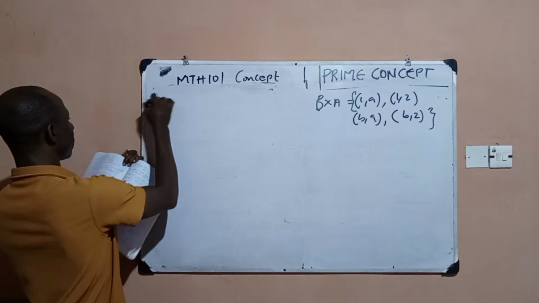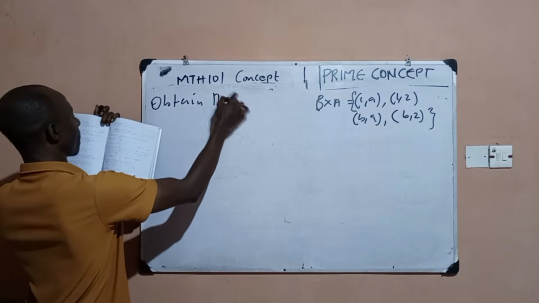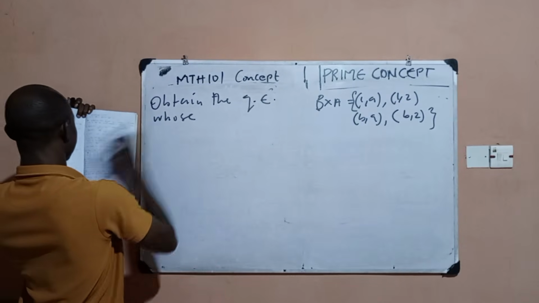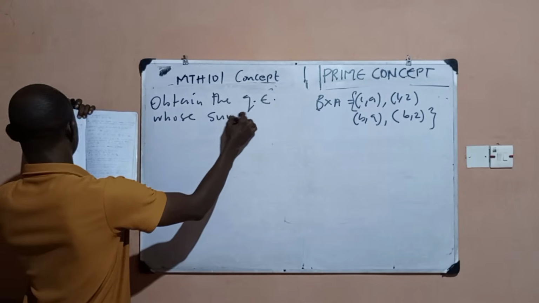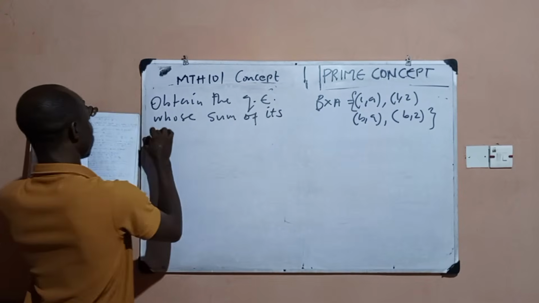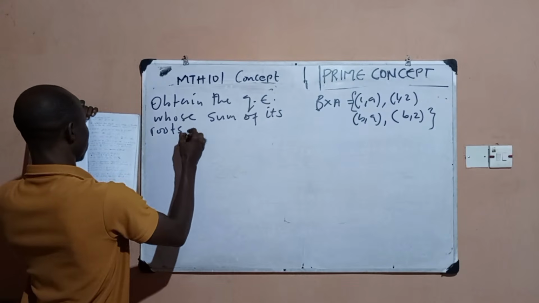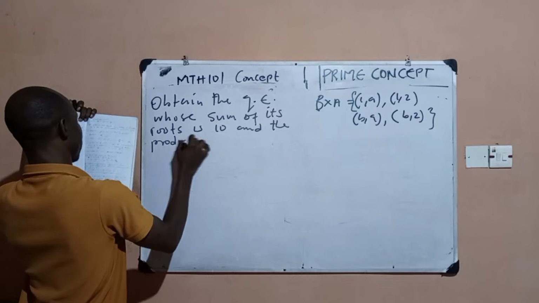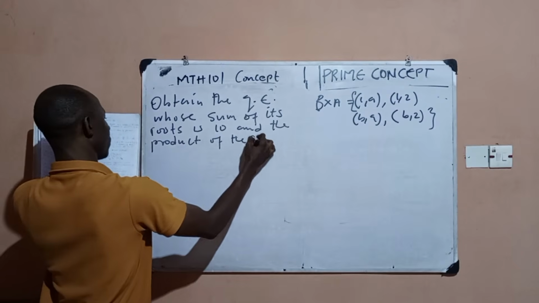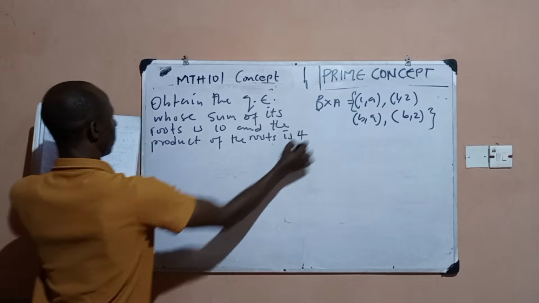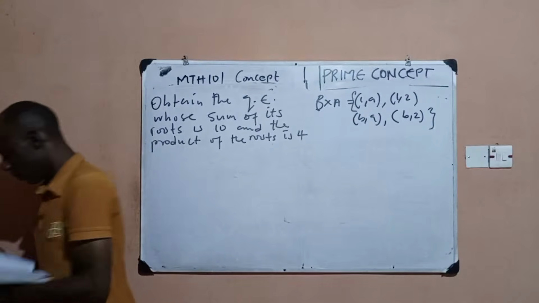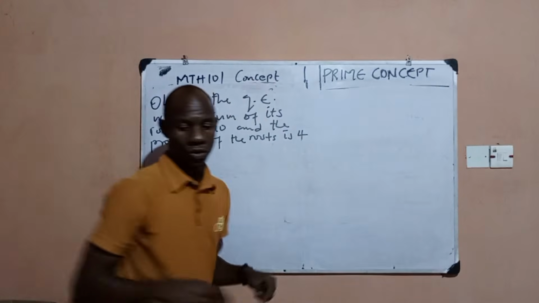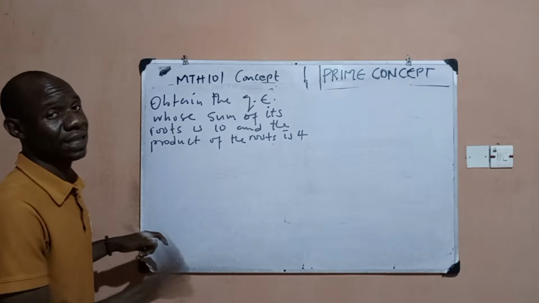Obtain the quadratic equation whose sum of its roots is 10 and the product of the roots is 4. So we want to solve this, and you should know that a quadratic equation has a standard form.